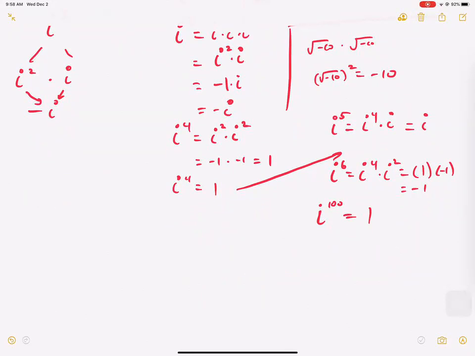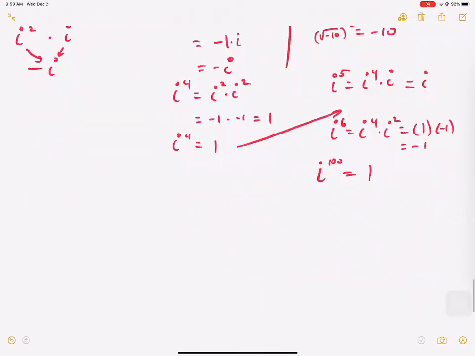So let me show you the i-clock. Here's my i-clock. We have i squared, i cubed, and i to the fourth. Here's our clock. i squared is negative 1, i cubed is negative i, and i to the fourth is 1.